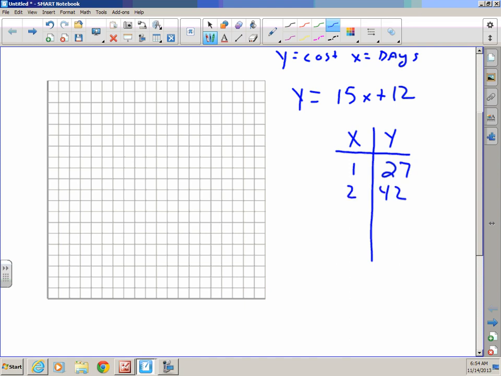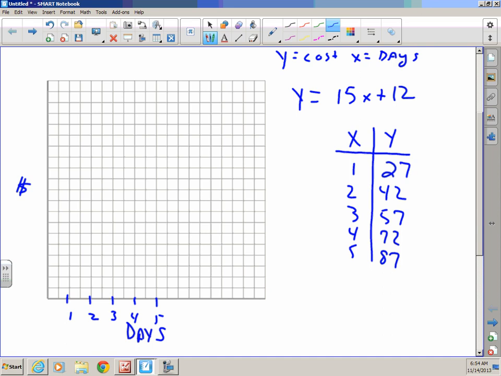So I'm just going to fill in over a 5-day period what the cost would be. Our x-axis should be days. Our y-axis should be the dollars. I'll skip every other one so we have some spacing. 1, 2, 3, 4, 5.